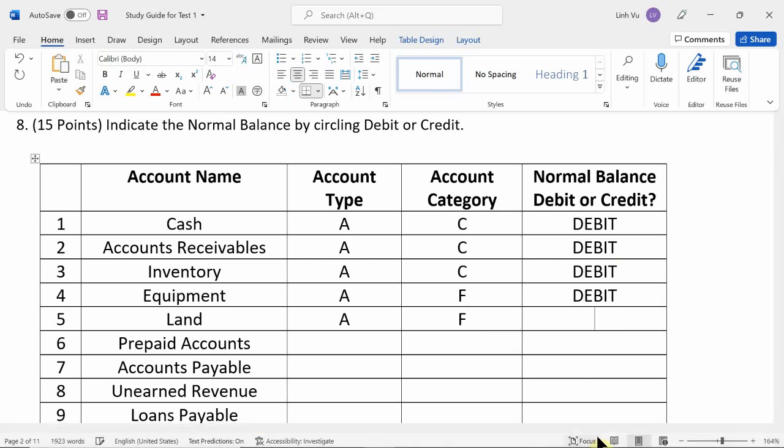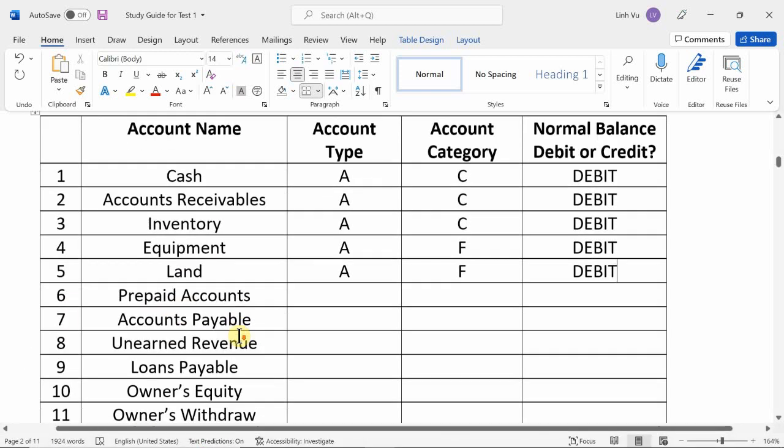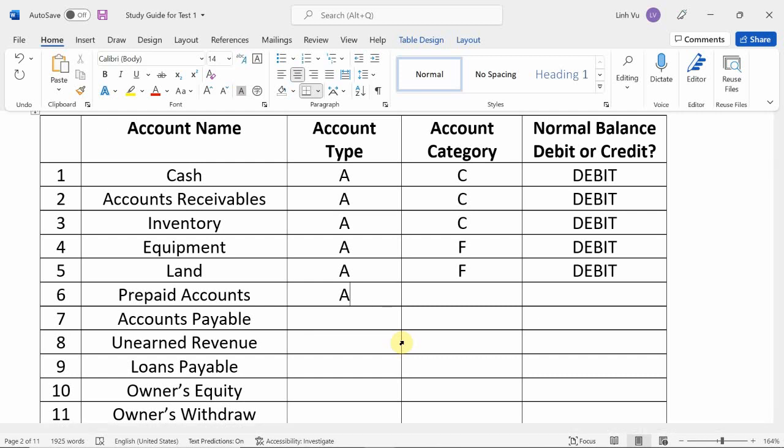All right, so what kind of normal balance would land have? Debit. Right? What about a prepaid account? So for example, prepaid rent. You paid rent in advance. I thought it's an asset because we own the money. It belongs to us. Yes, it does. And then I thought it would be other. It is other because can you actually touch rent?